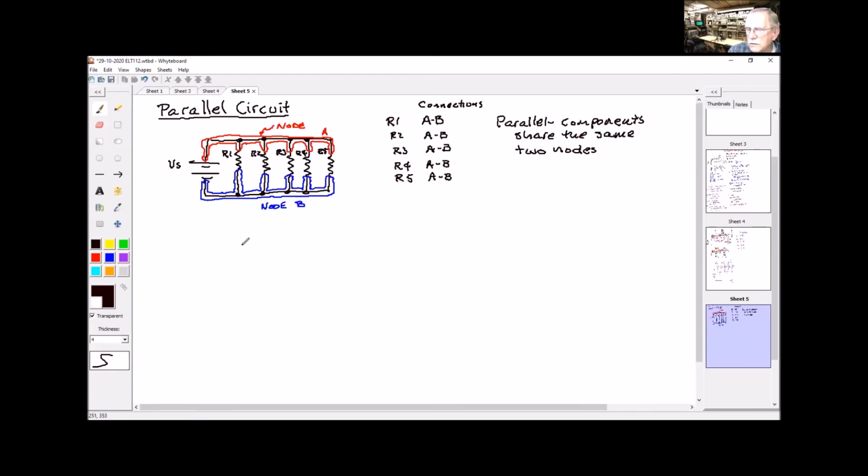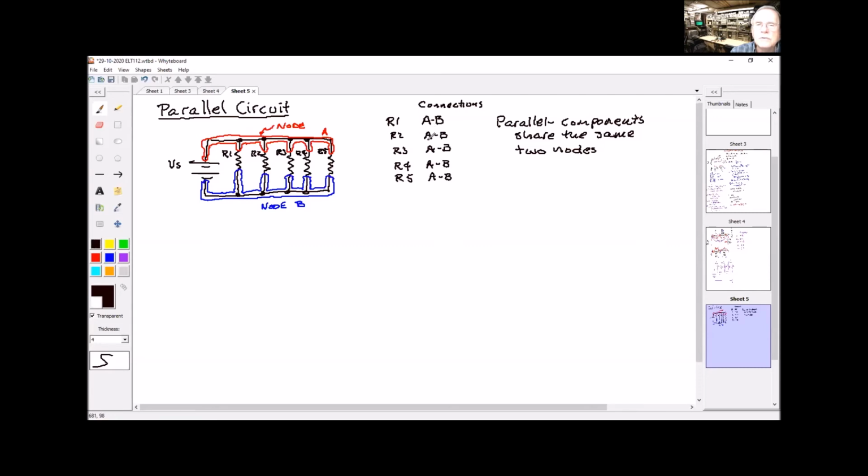One of the things, especially when we get to series-parallel circuits, that I usually have my classes do is make a list like this. If I see two components that are sharing the same two nodes, I know those two components are connected in parallel.